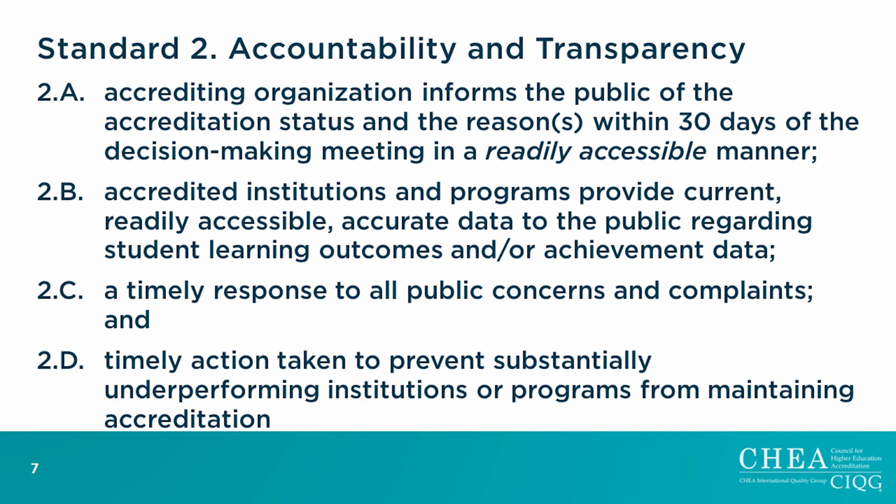Accredited institutions and programs to provide current, readily accessible, accurate data to the public regarding student learning outcomes and/or achievement data. A timely response to all public concerns and complaints regarding an institution, a program, or the accrediting organization, and the accrediting organization to take timely action to prevent substantially underperforming institutions or programs from maintaining accreditation.